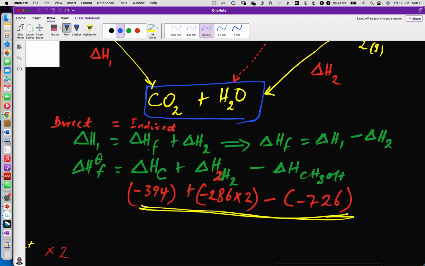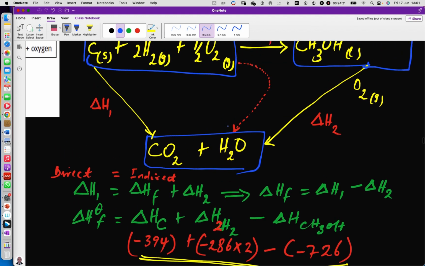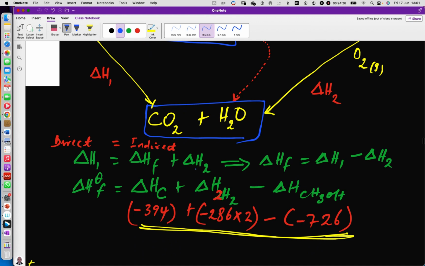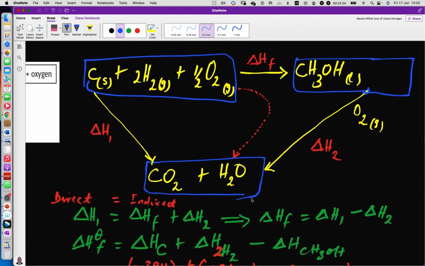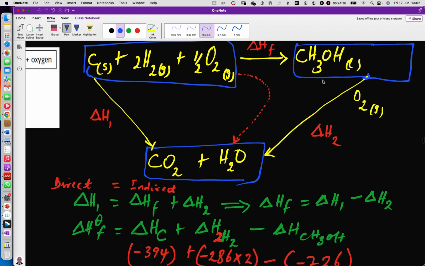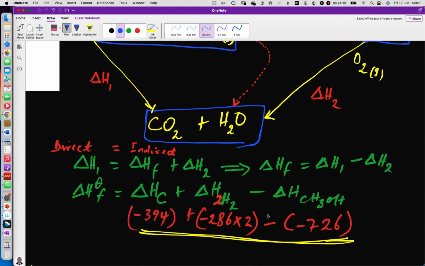Substituting our value for enthalpy of formation, from enthalpy 1, I told you that enthalpy 1 is the enthalpy of combustion for carbon and the enthalpy of combustion for hydrogen. This is the enthalpy of carbon plus enthalpy of hydrogen, minus enthalpy 2, which is the enthalpy of combustion of methanol.